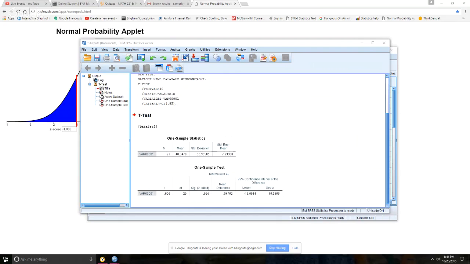In other words, the p-value is equal to sig two tails. So it'd be 0.995. That's the p-value, so that's going to be question 11. Then 14 is fail.